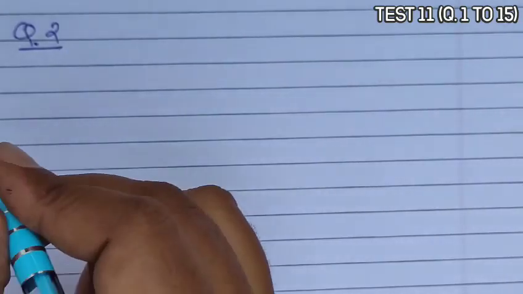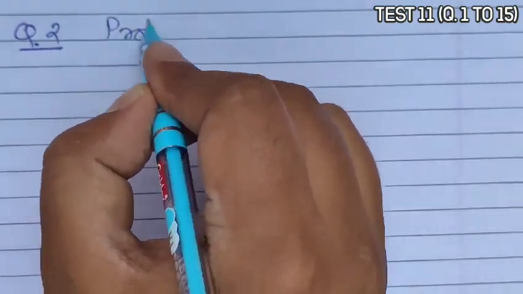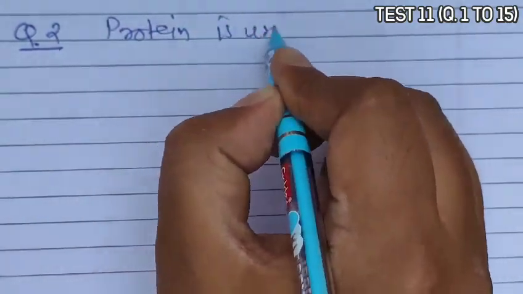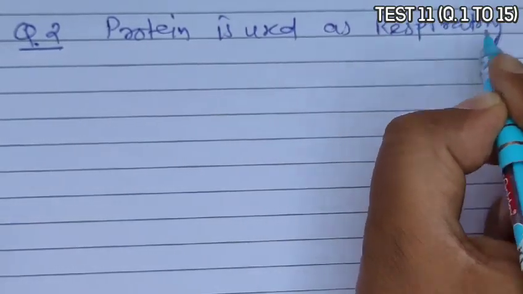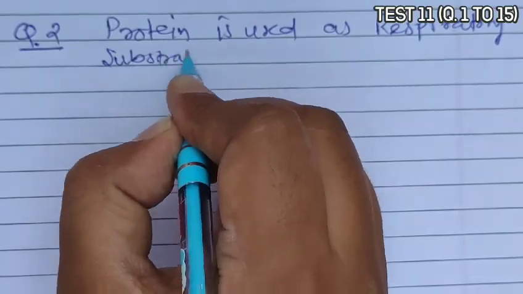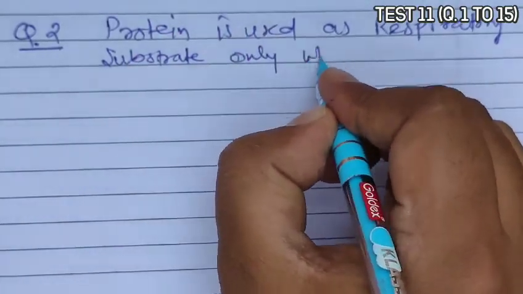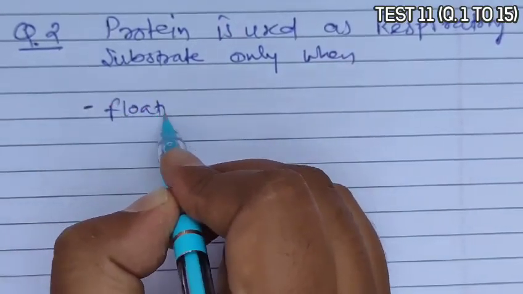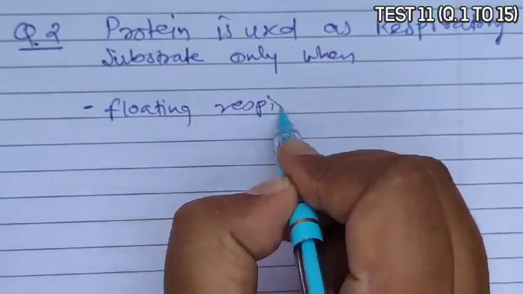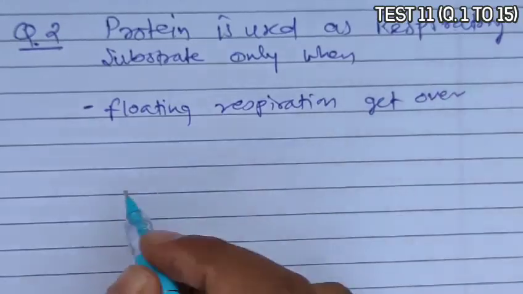Question 2. Question 2 asks that protein is used as a respiratory substrate only when floating respiration gets over.